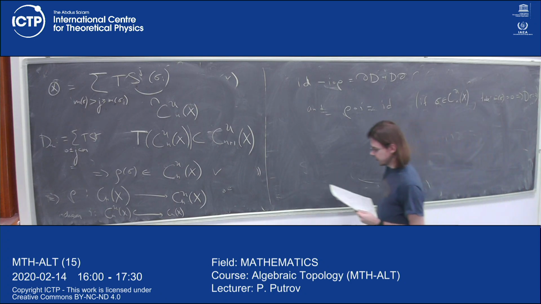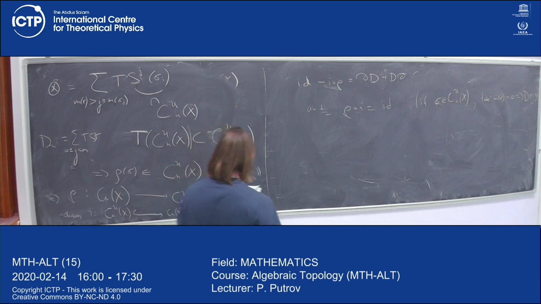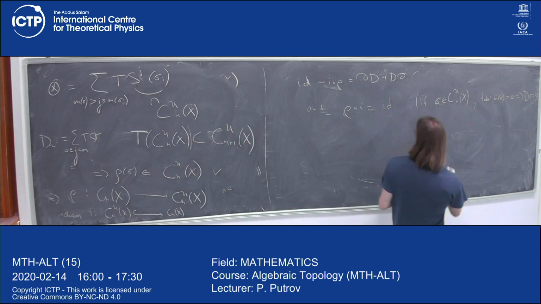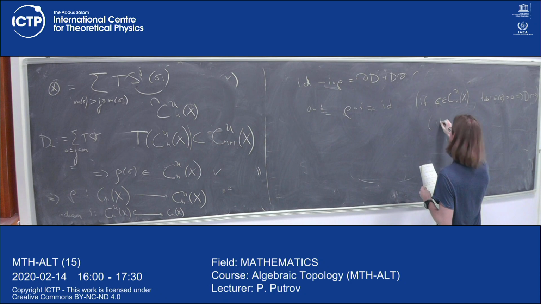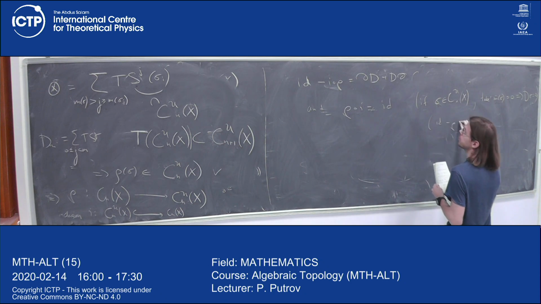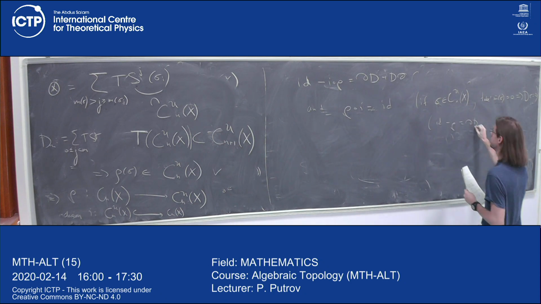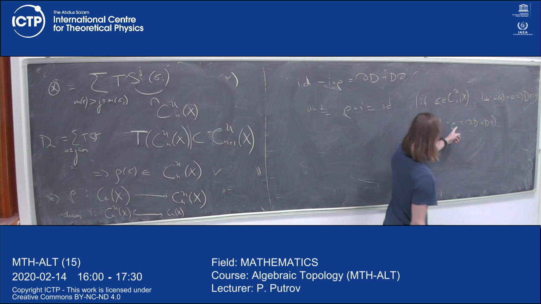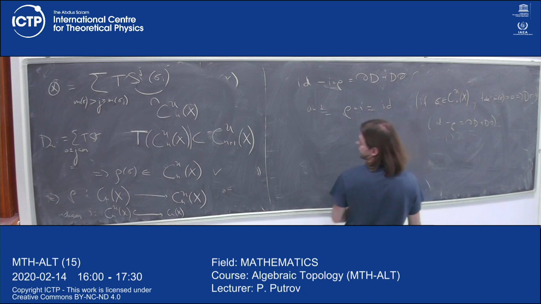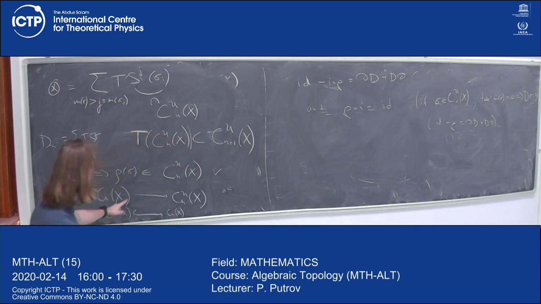And therefore, if I start with this formula, rho equals identity plus dD plus Dd. Here rho was understood as a map from this space to itself.